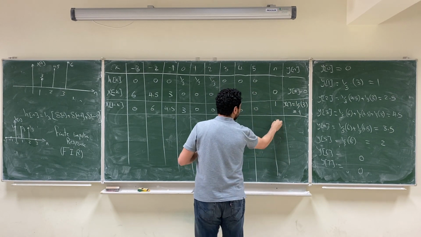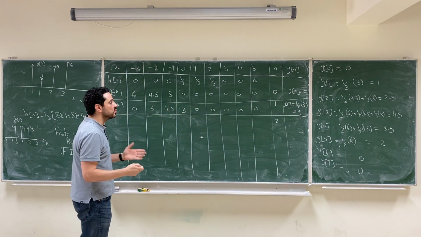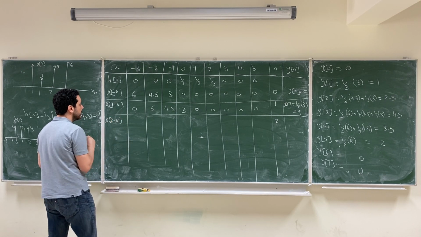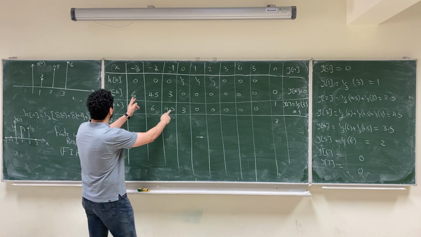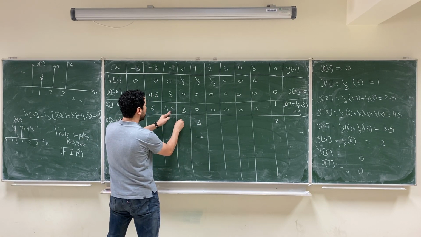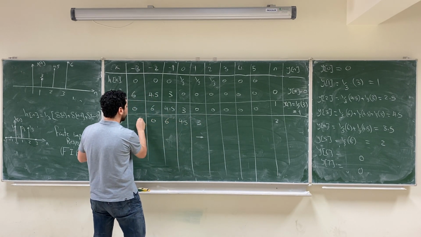Then let's take n equals 2, which means a shift of 2, so x of 2 minus k. We shift x by one more sample, so 3 comes here, 4.5 here, 6 here, and zeros.